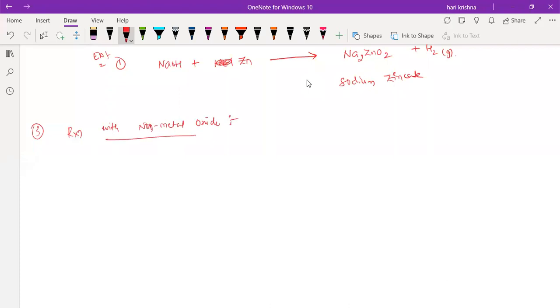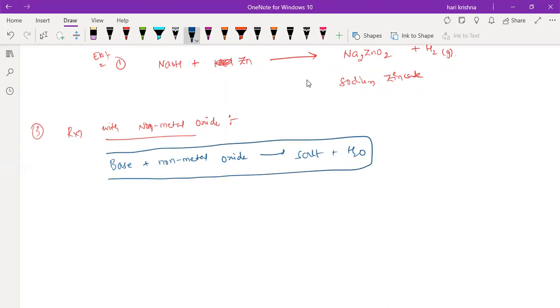So what is this condition? They react with non-metals like oxygen and get oxidized. Base plus non-metal oxide always forms salt plus water. But tell me one example for this. Sir, NaOH plus hydrogen.